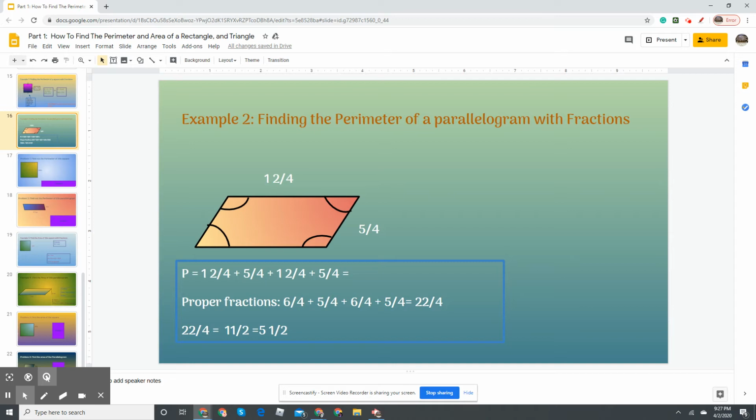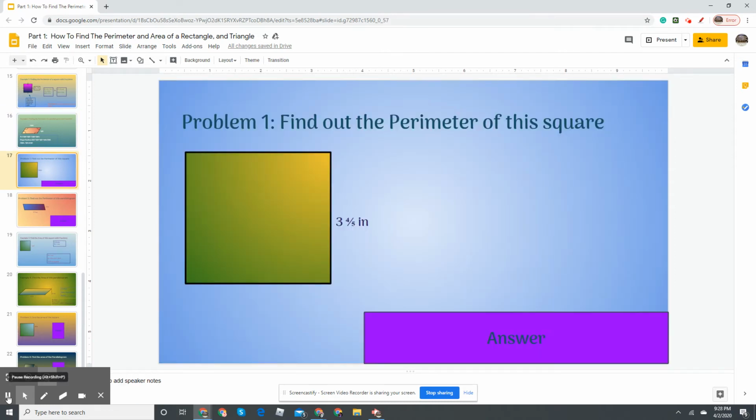So 1 and 2/4 becomes 6/4 and 5/4 stays the same. So 6/4 plus 5/4 plus 6/4 plus 5/4 equals 22/4, which simplified equals 11/2, which equals 5.5. Let's review. Pause this video and try problem number 1 on your own.